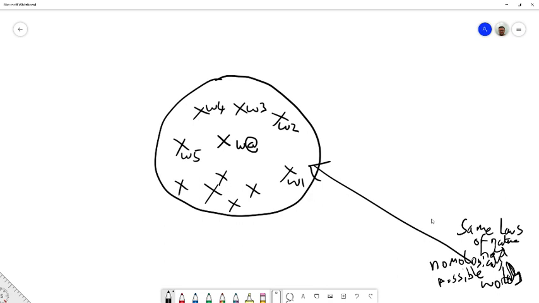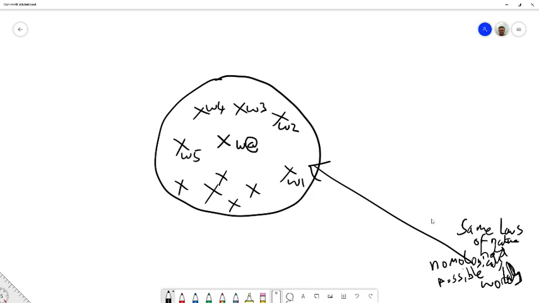If I say something like, oh, well, it's not possible for somebody to travel from John O'Groats to Land's End in a quarter of a second, because light can't travel that distance in that time, and light is the speed limit of the universe according to the laws of nature as we think they hold.